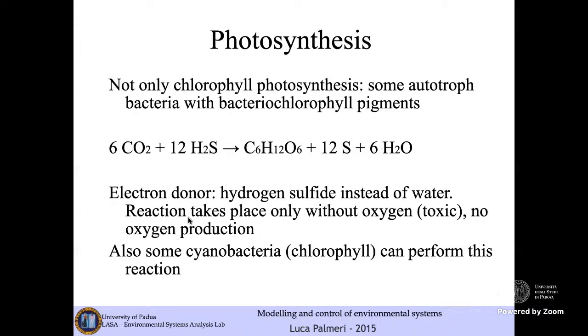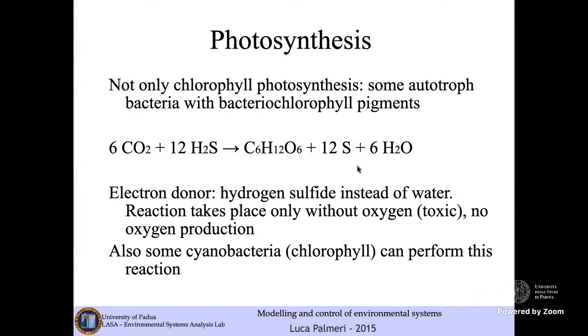In this case, the electron donor is hydrogen sulfide, this acid, instead of water, and the reaction takes place only without oxygen. So this is a reaction that happens in anoxic conditions, and there is no oxygen production in this case. Instead, there is a production of sulfur.